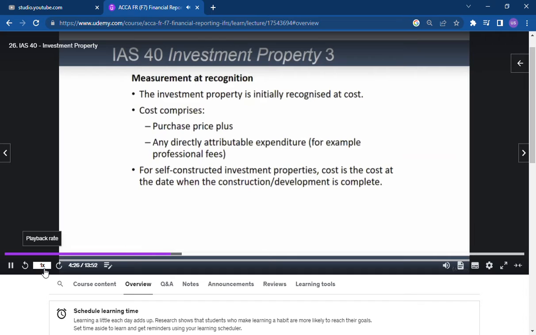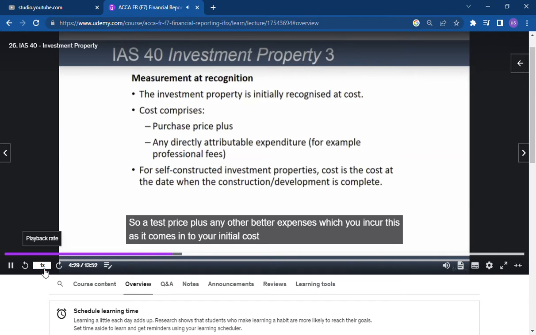So purchase price plus any other direct expenses which you incur comes into your initial cost. You call it initial measurement.